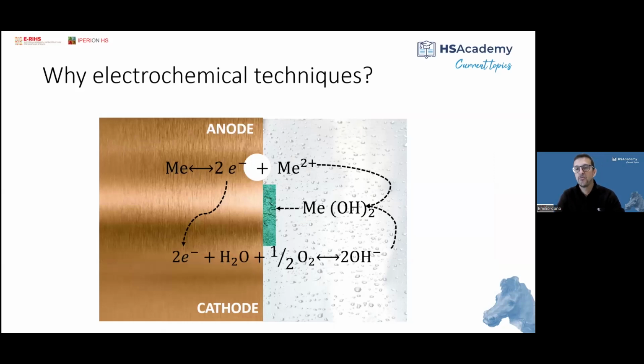The type of corrosion we find in cultural heritage is mainly the so-called electrochemical corrosion or wet corrosion. It is named this way because it is produced by reactions that take place within an electrolyte. For instance, in an atmospheric environment, it is the adsorbed layer of water or wetness.